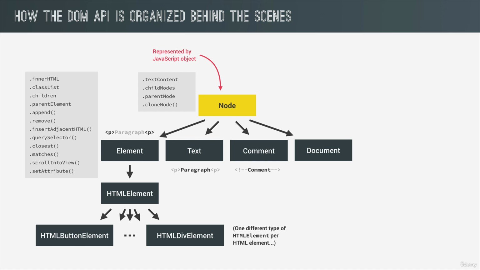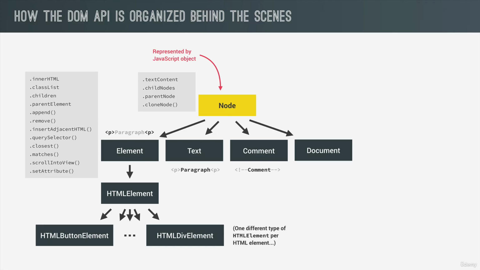And that's important because each of these HTML elements can have different unique properties. For example, an image has a source attribute in HTML which no other element has. Or the anchor element for links has the href attribute which also no other element has. And so the DOM needs a way of storing these different attributes, and therefore different types of HTML elements were created in the DOM API.